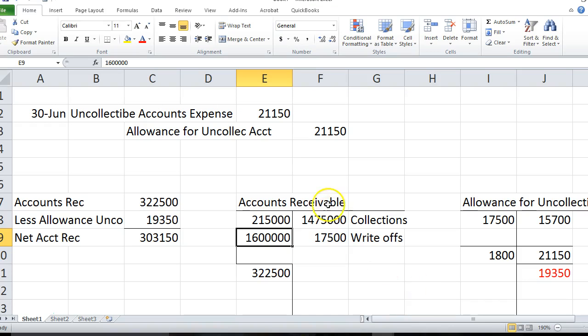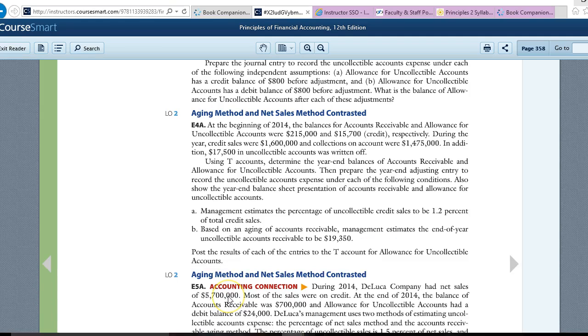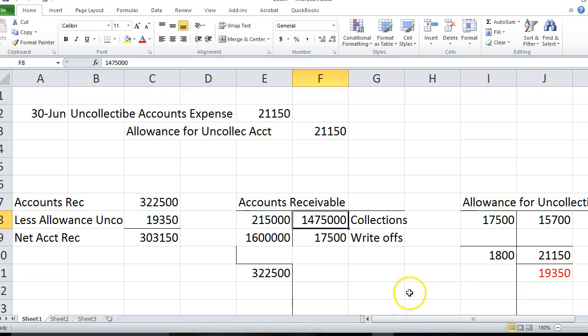Once we collect the money, we credit it, 1,475,000. Then it told us, in addition, 17,500 in uncollectible accounts were written off. So since we knew we weren't going to get them, we credited 17,500 to come up with our accounts receivable balance of 322.5. Does that make sense?